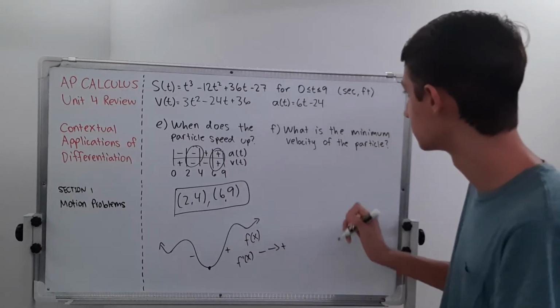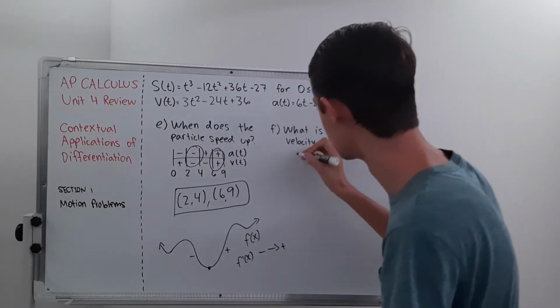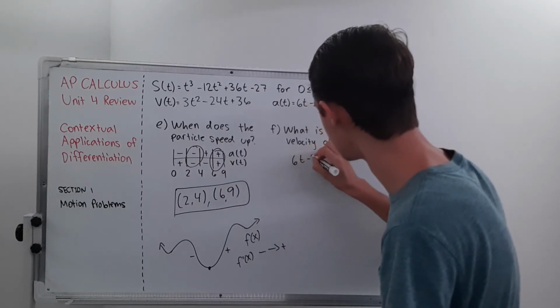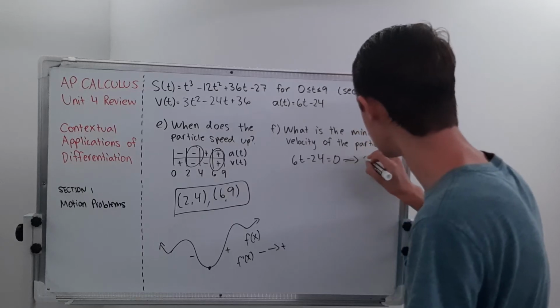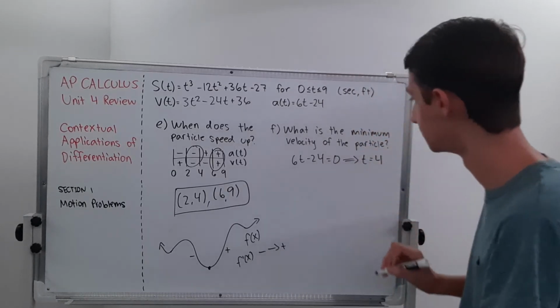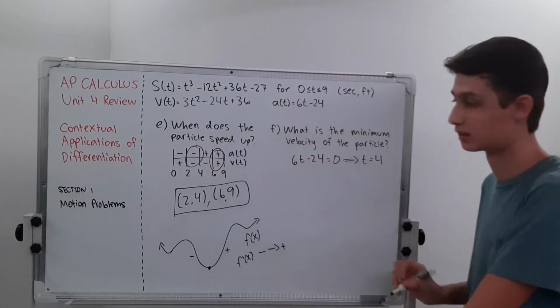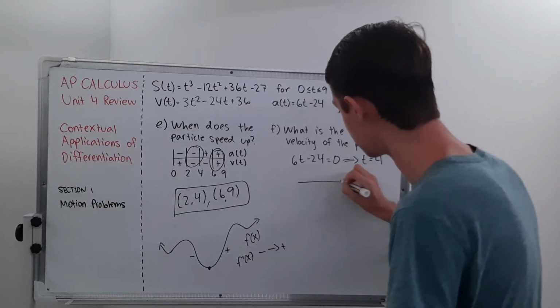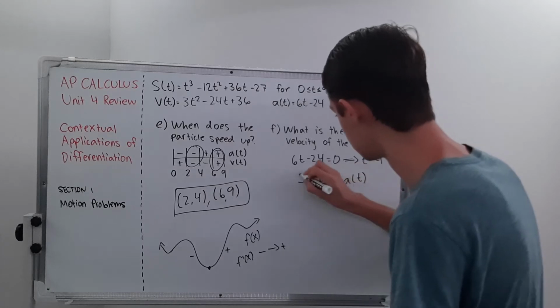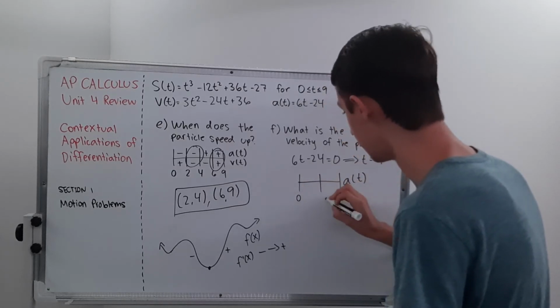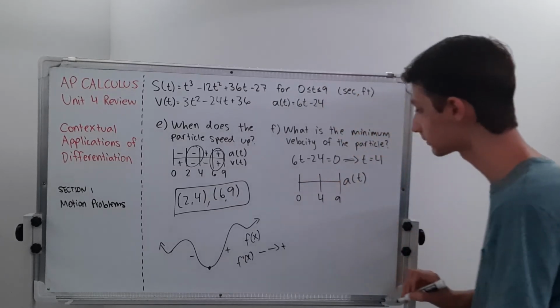We actually had this already, so let me just redo it. 6t minus 24 equals 0, and from here, this gives us that t equals 4, right? I would just do 6 times 4 minus 24, that gives you 0. Then we just had our acceleration sign chart, and obviously we're going from 0 to 9 with this 4 here.